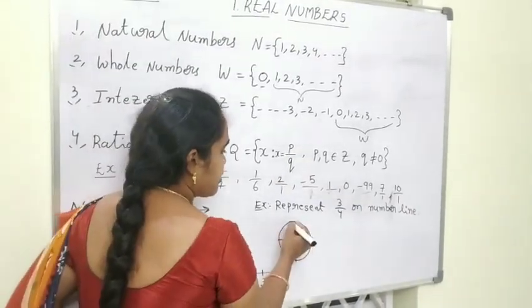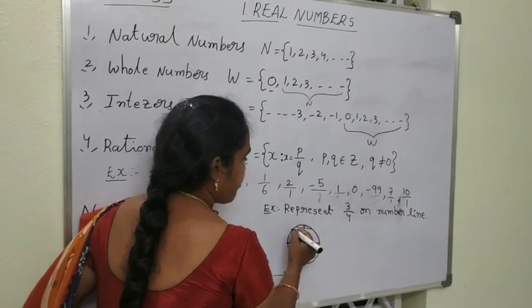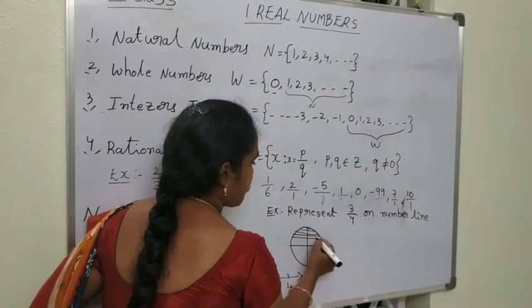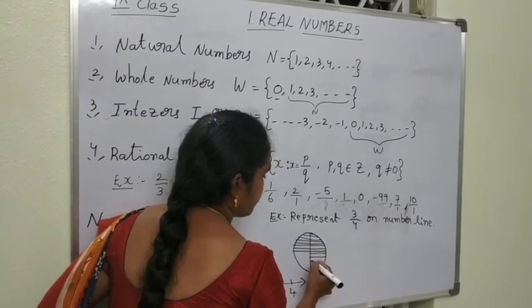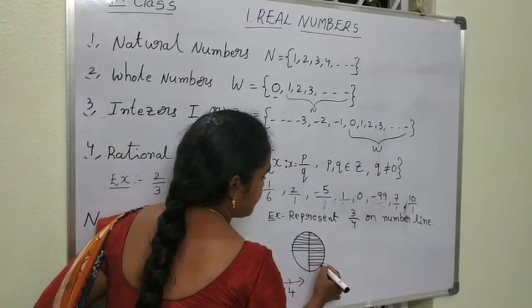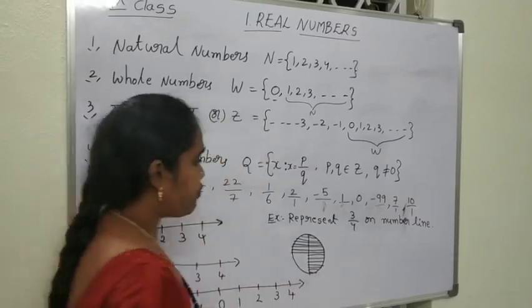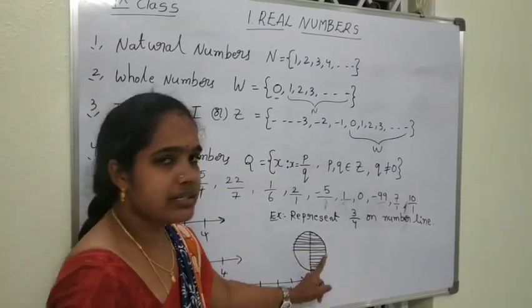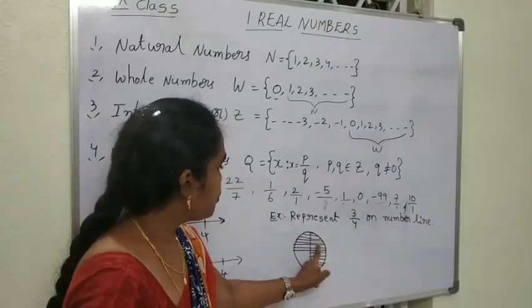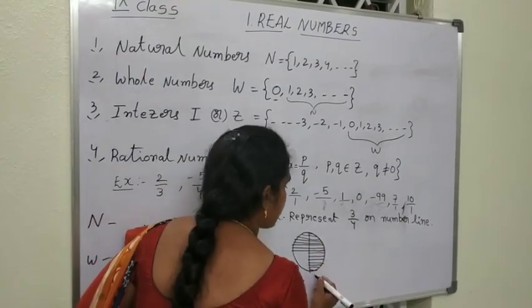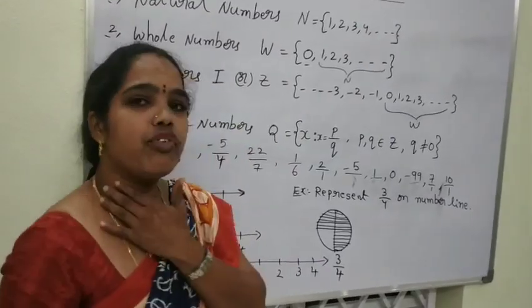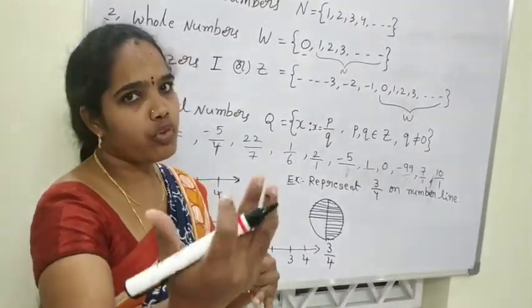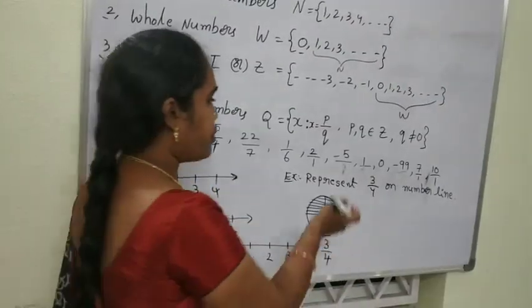Any 3 parts. Okay? Totally 4 parts are there. How many parts have I shaded? 1, 2, 3 parts. So this picture represents 3 by 4. Did you understand?